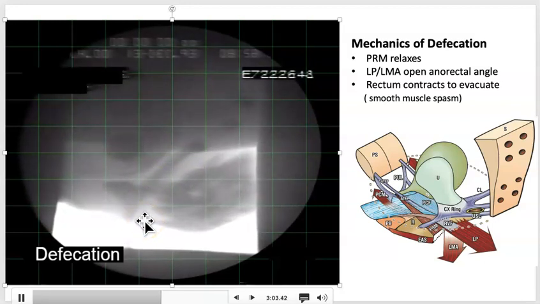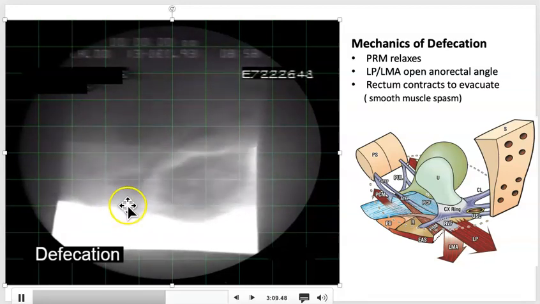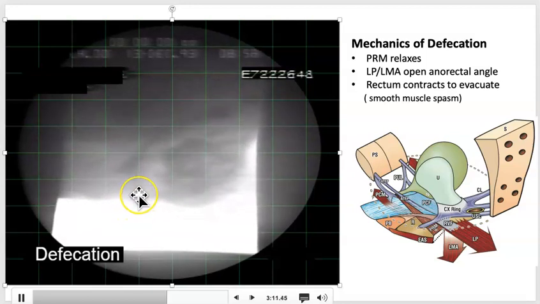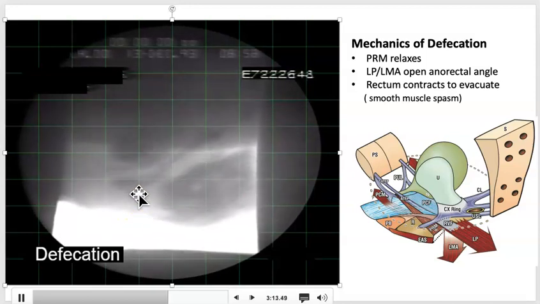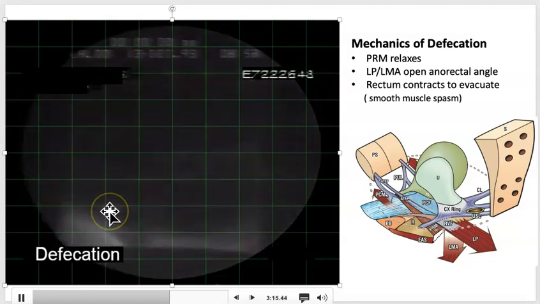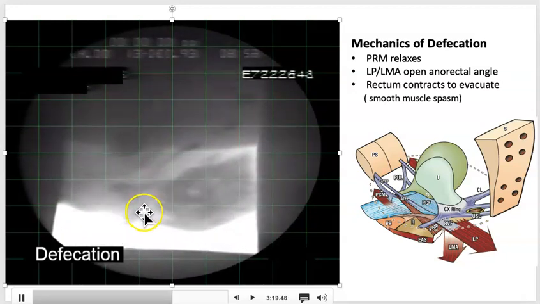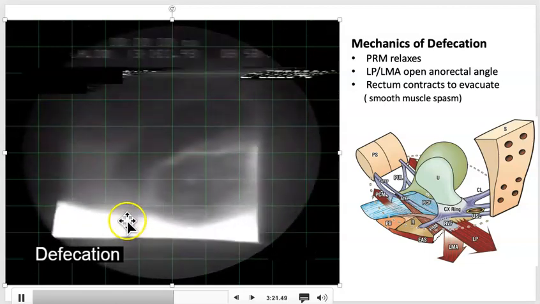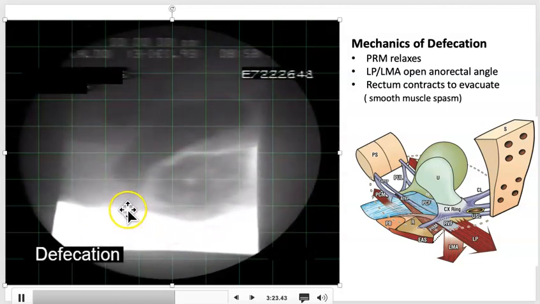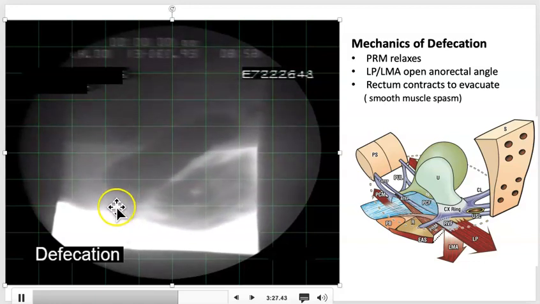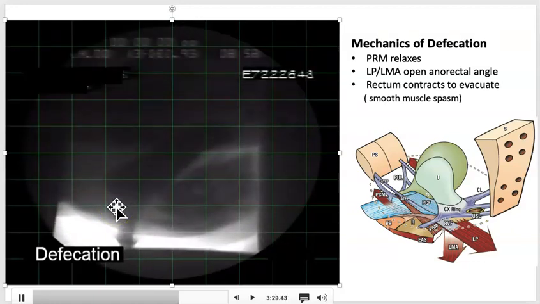Also notice how the anterior surface of the anus is pulled forwards to open out the lower end of the canal. So we see that the upper end of the canal is pulled open by relaxation of the puborectalis, and the lower end of the canal, the anterior surface of the anus, is pulled forwards by the forward contraction of the pubococcygeus muscle.